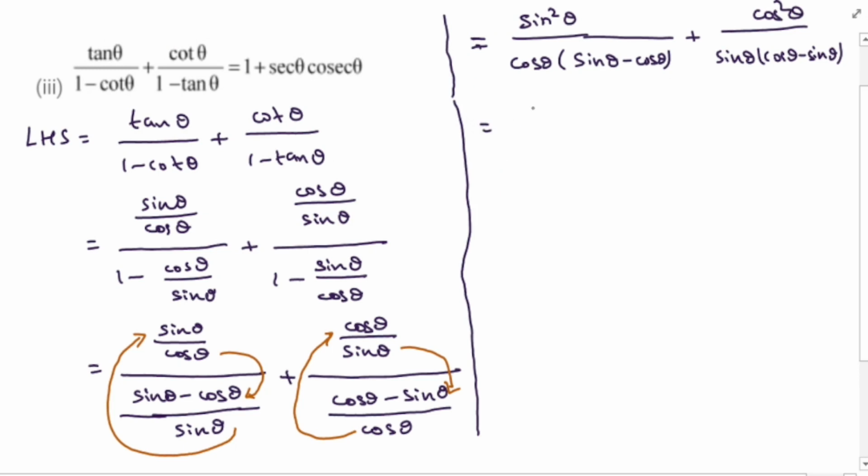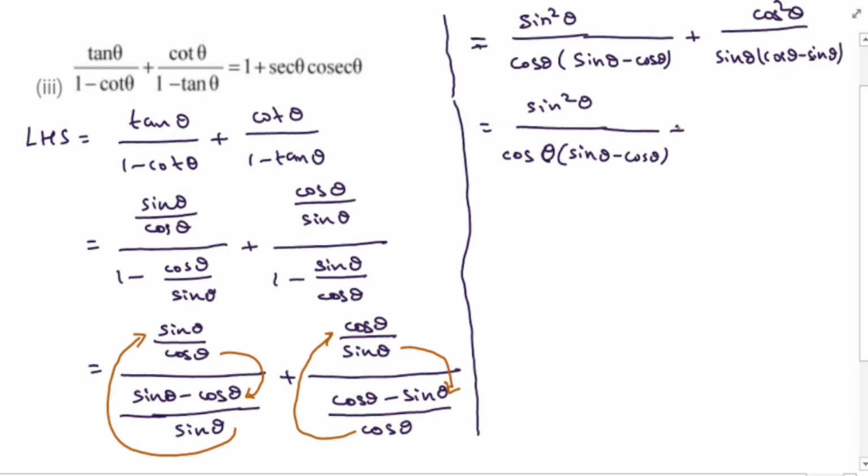This is equal to sin square theta divided by cos theta bracket sin theta minus cos theta. So here you can see that we have sin theta minus cos theta, whereas here we have cos theta minus sin theta.